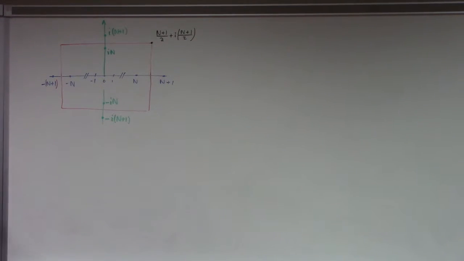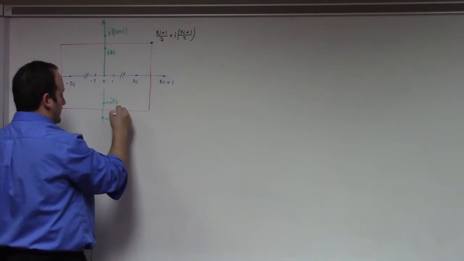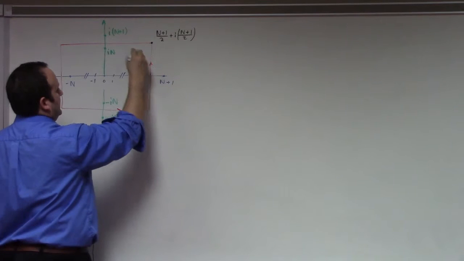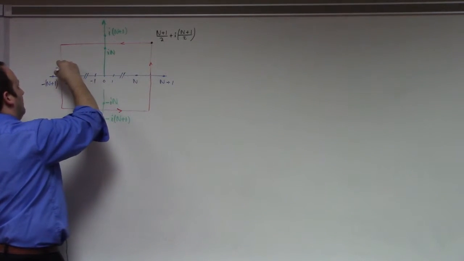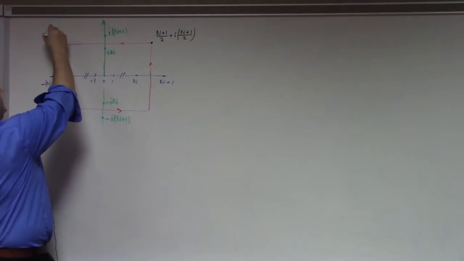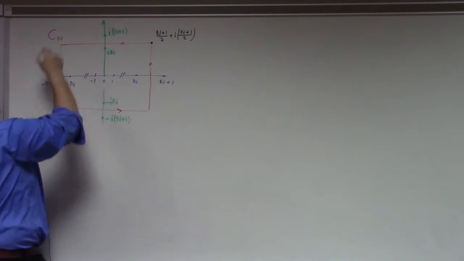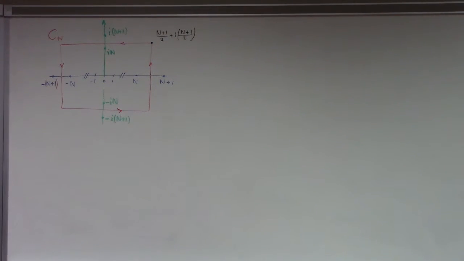All right, and then this red curve we'll take counterclockwise in the usual way. And I think we call it C sub n, following Noah's handout. Are we all on board?